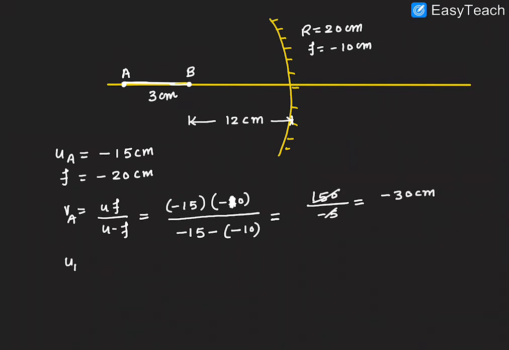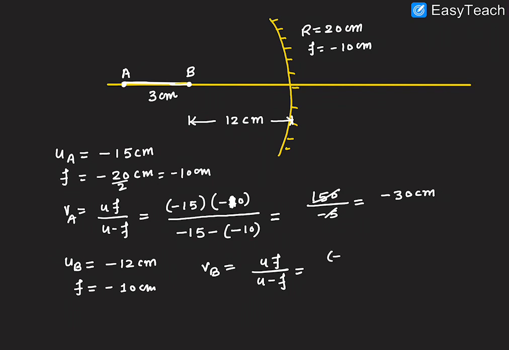Similarly UB is at minus 12 centimeter and we have focal length minus 10 centimeter. Make correction here, and so VB is equal to UF divided by U minus F, and the U is your minus 12, focal length is minus 10 divided by U, minus 12 minus 10.